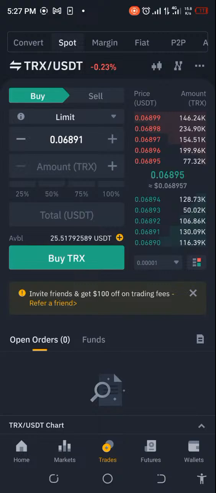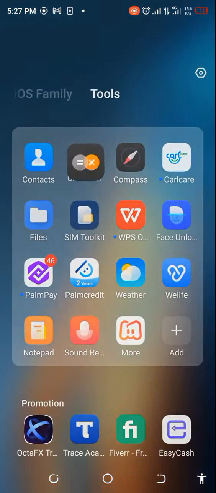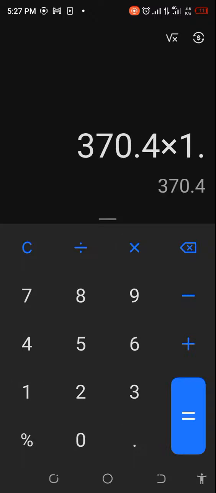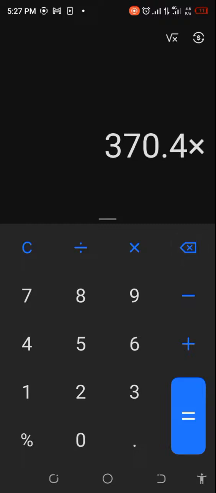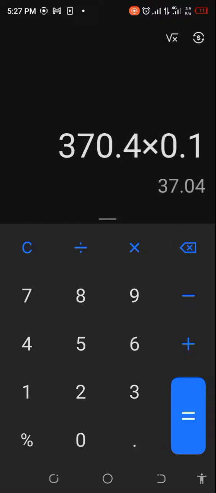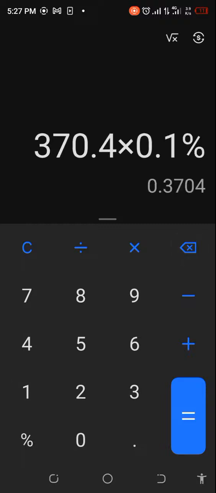The only thing that changes is the trade fee, which is 0.1%. Let's go and calculate what that is. It was actually 370.4, if you can remember. Times 0.1%, that's just 0.37.